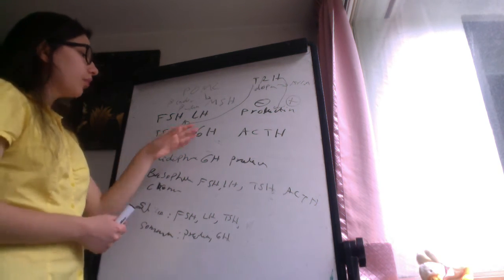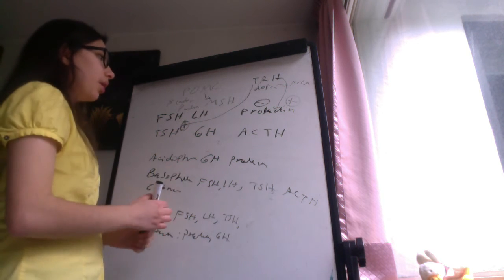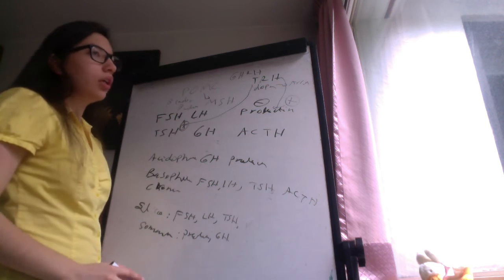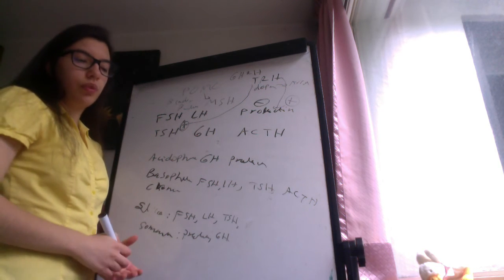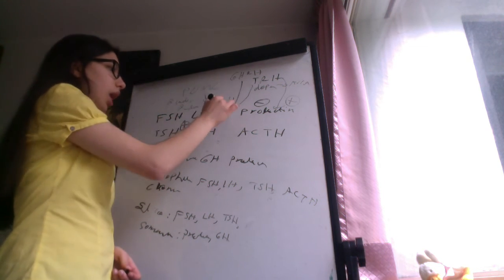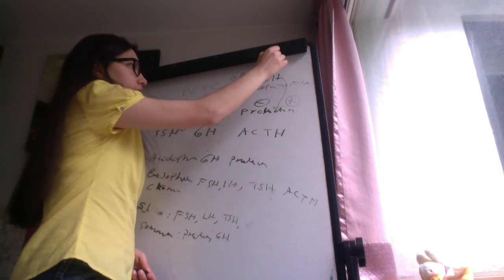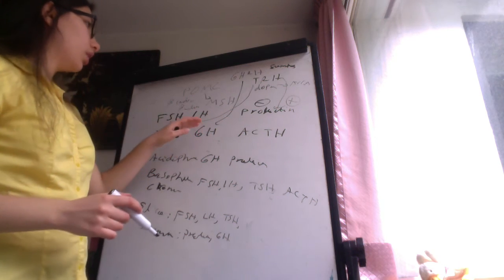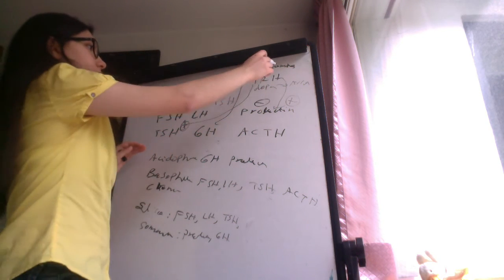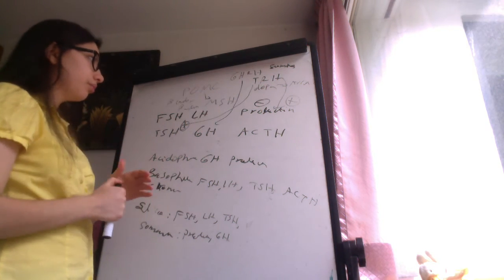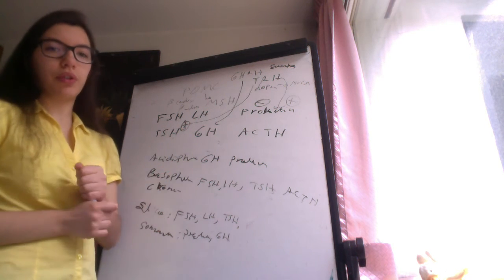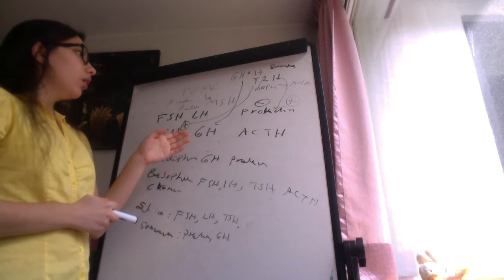Now the growth hormone is stimulated by the growth hormone releasing hormone in the hypothalamus, and is inhibited by somatostatin. Also, the TSH is inhibited by somatostatin, also called growth hormone inhibitory hormone.